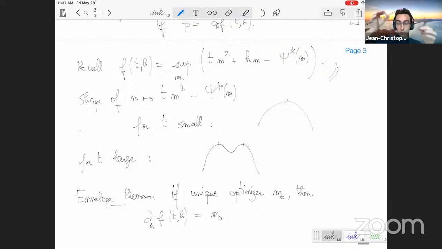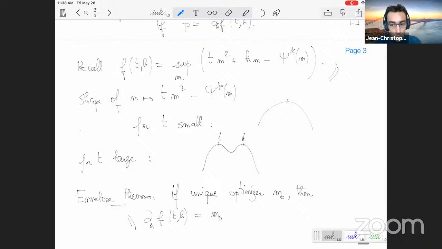So the fact that the optimizer has a jump when we move from h small positive to h small negative is responsible for a jump in the derivative. What this observation says is that, except for very special situations, the optimizer is in fact the mean magnetization of your system in the limit of large N. This envelope theorem I'm not going to justify here, but it's part of the third problem set, I think the first exercise.